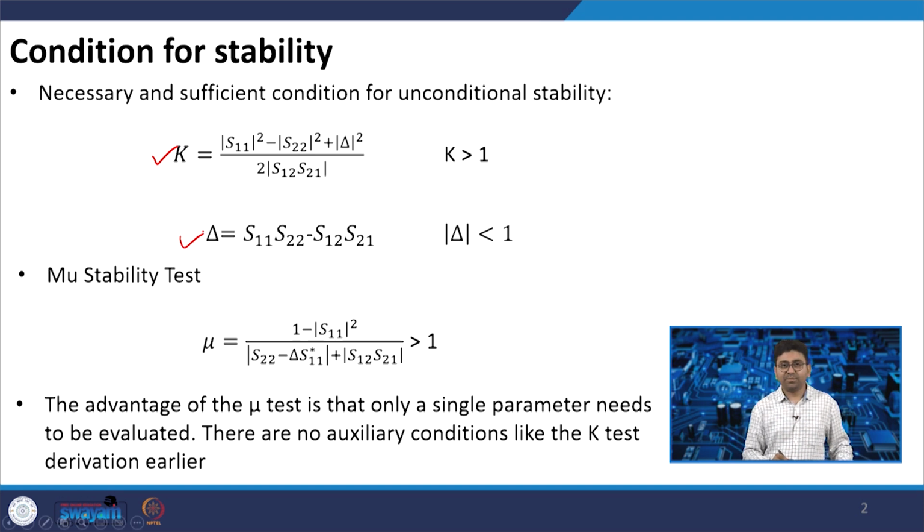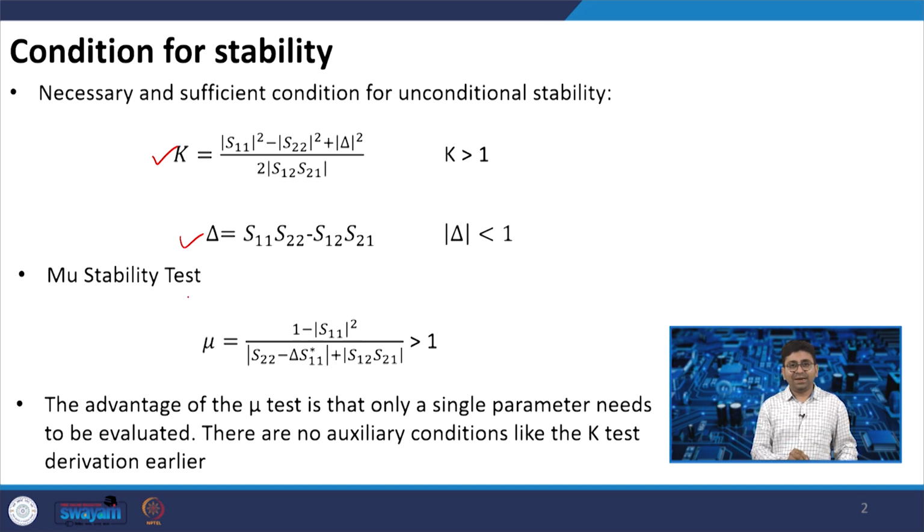If you know the S parameters and put them in these equations, if K is greater than 1 and delta is less than 1, then your system is unconditionally stable. If K is less than 1 and delta is greater than 1, then it is not unconditionally stable, it is an unstable system.